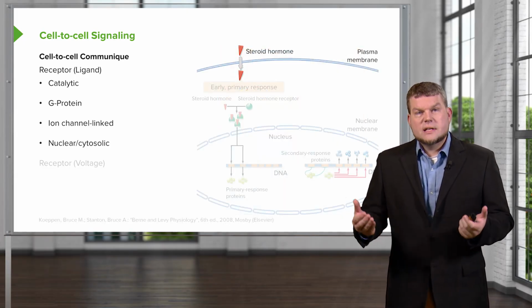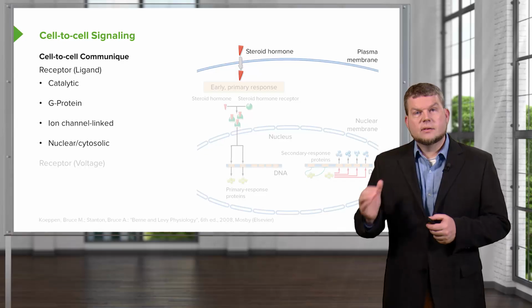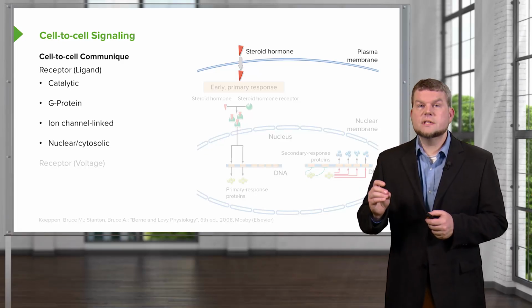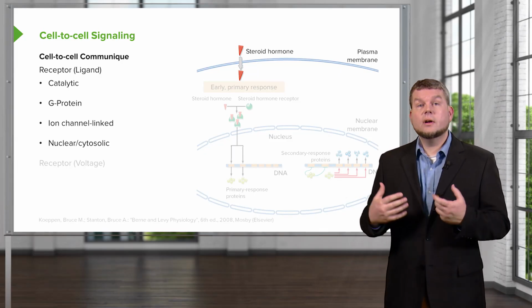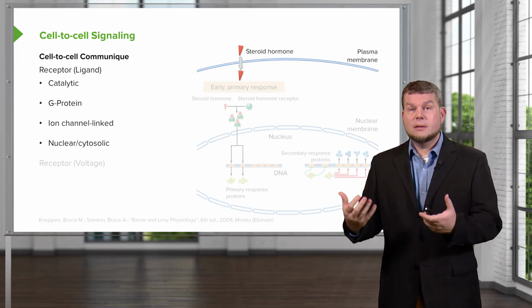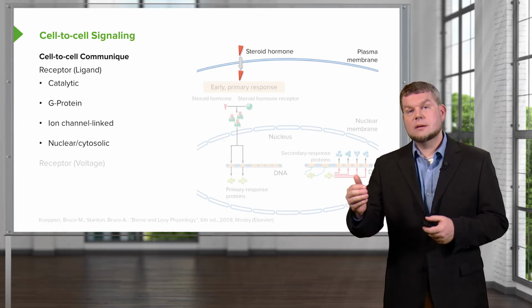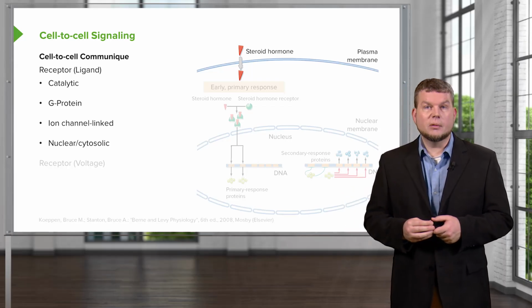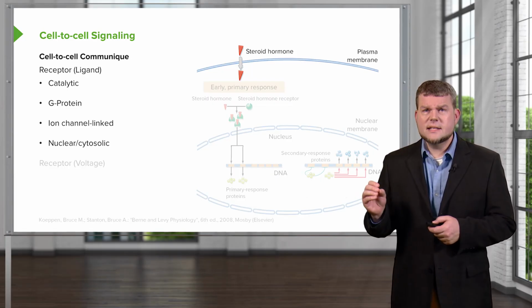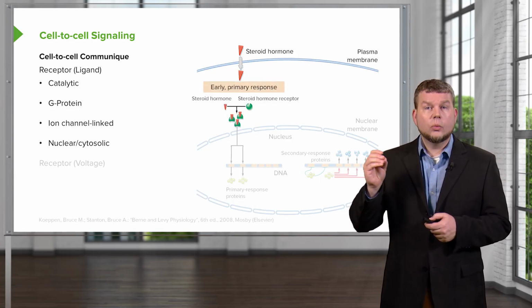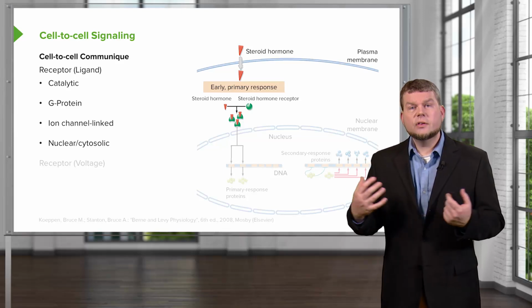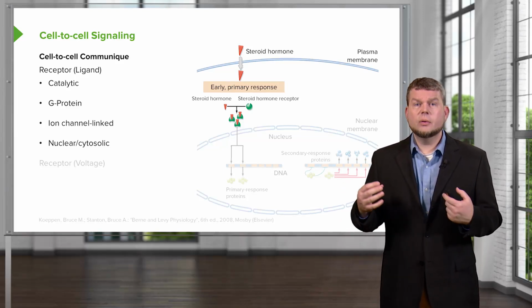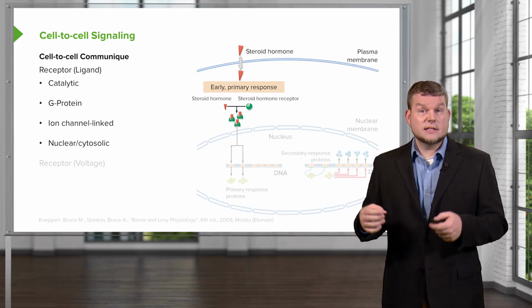Not all receptors, though, are located on the cell surface. If your signaling molecule is a steroid hormone or another lipophilic type of signaling molecule, it can sometimes make it through the cell membrane. In this case, the receptor is now located in the cytosol. Other times you might even have a receptor that's located in the nucleus itself.